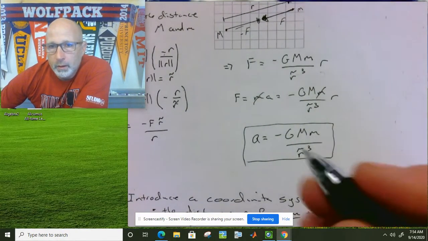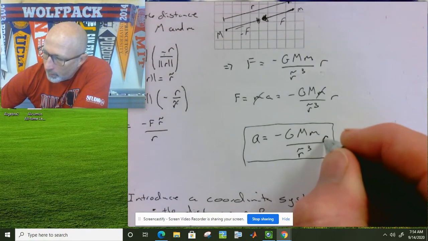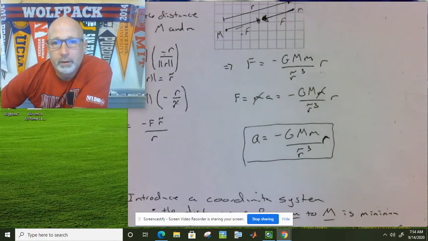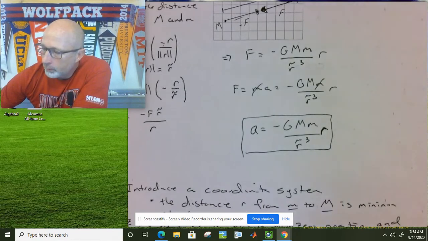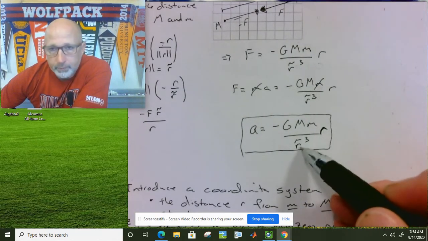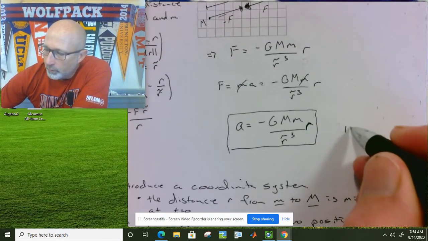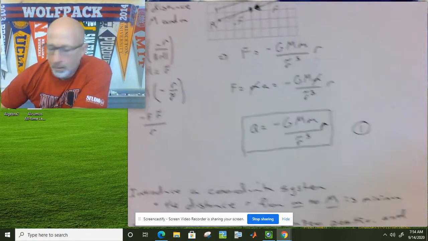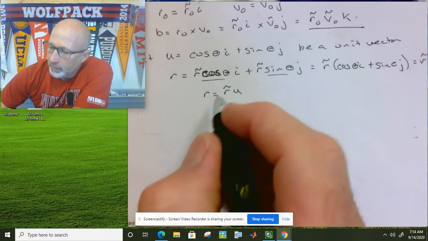I'm missing an r here. You guys probably noticed that earlier when I dropped the r, sorry. So there's an r and an r tilde. I'm going to call this equation 1.